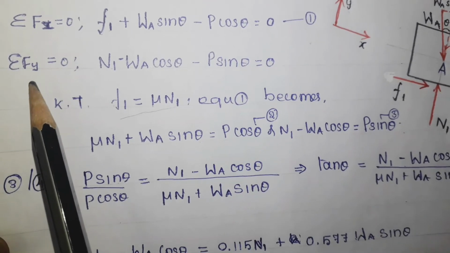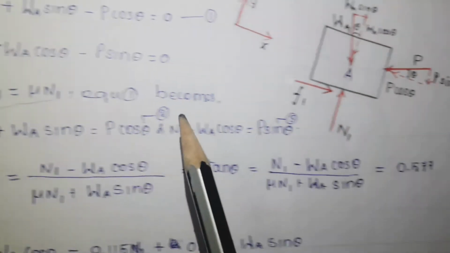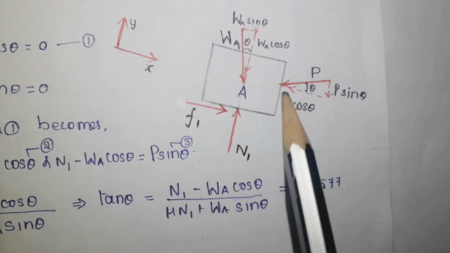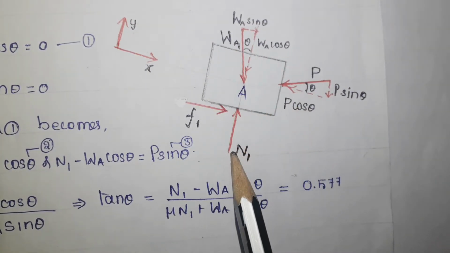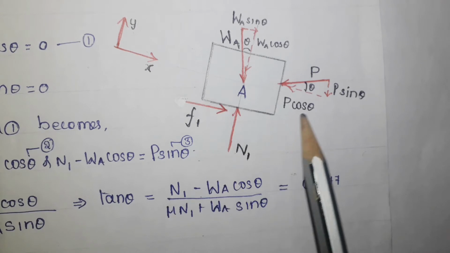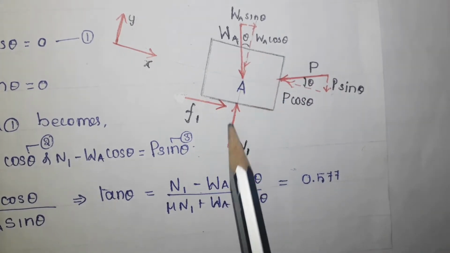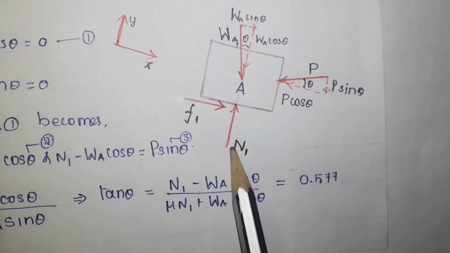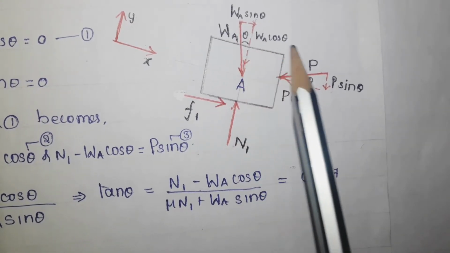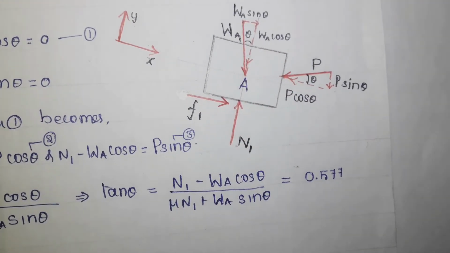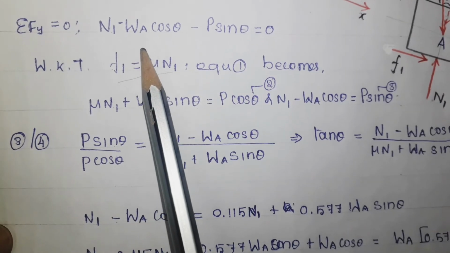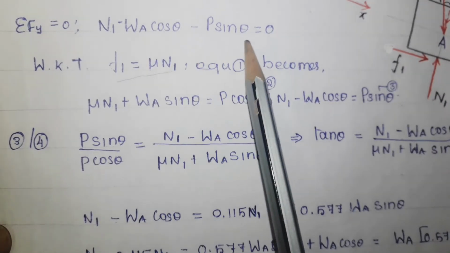The next equation, summation of all vertical components is 0. There are three y components: N1, P sin theta, and WA cos theta. Among these three, N1 has positive sign, and these two have negative sign. Now this equation becomes N1 minus WA cos theta minus P sin theta equal to 0.